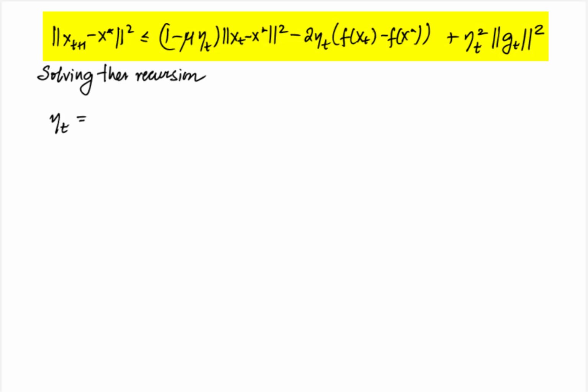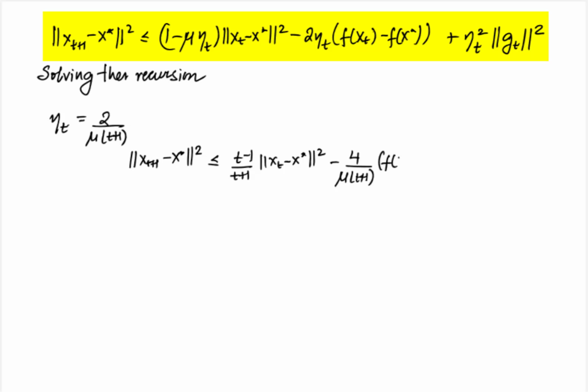First, substituting eta t equal to 2 over mu times t plus 1, we obtain norm square of xt plus 1 minus x star is less than or equal to t minus 1 by t plus 1 norm square of xt minus x star minus 4 over mu times t plus 1 times f of xt minus f of x star plus 4 LF square by mu square t plus 1 square.